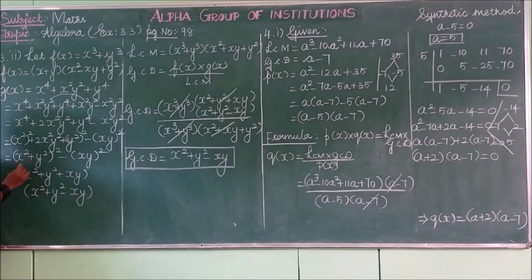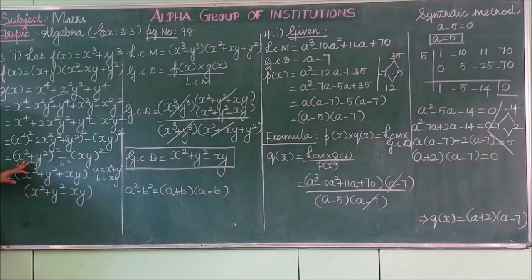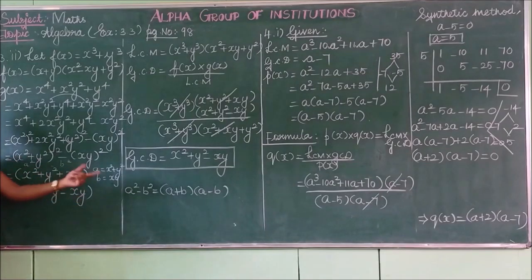This again is in the form of a squared minus b squared. So what is the formula for a squared minus b squared? A plus b into a minus b. So listen here, this is in the form of a squared minus b squared, which is nothing but a plus b into a minus b. Here our a is x squared plus y squared and b is xy.